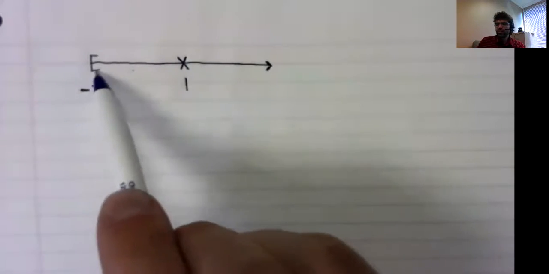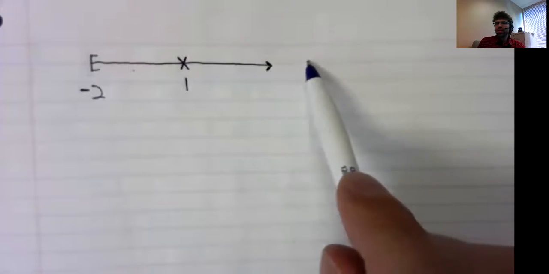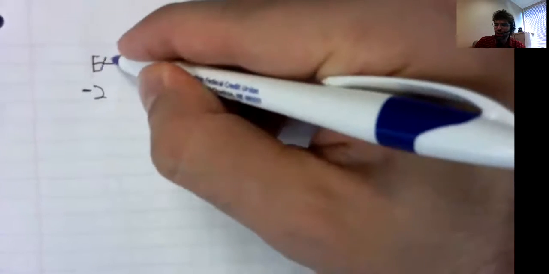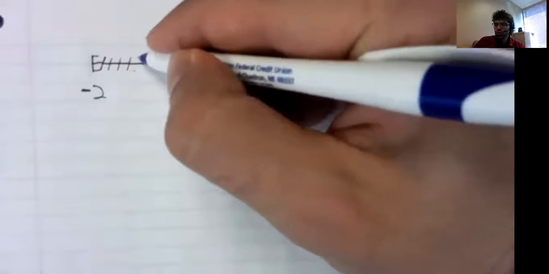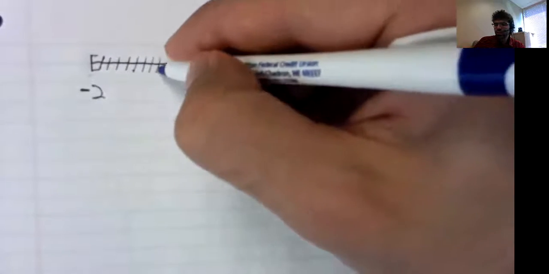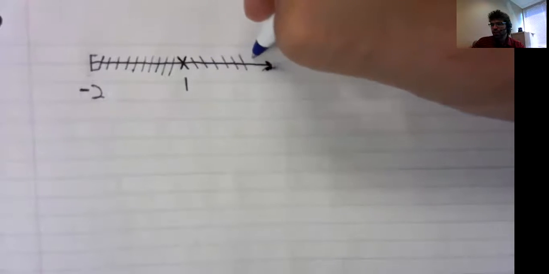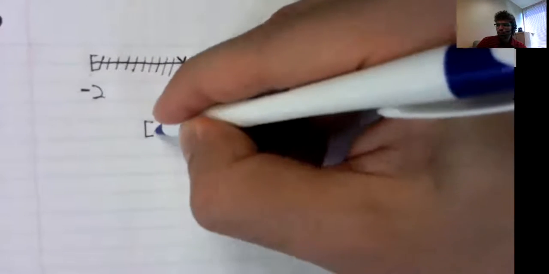This breaks this segment of the number line into 2 pieces. There are the numbers between negative 2 and 1. And there are the numbers greater than 1.